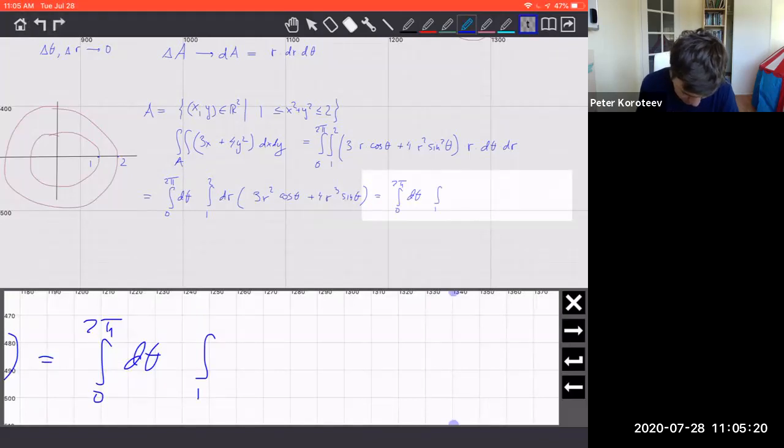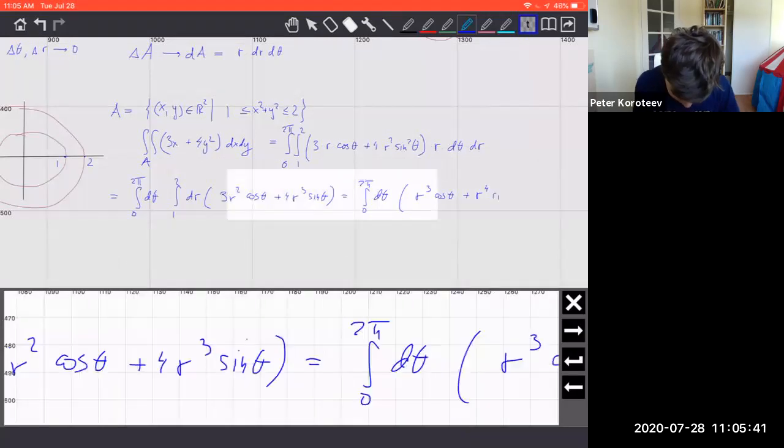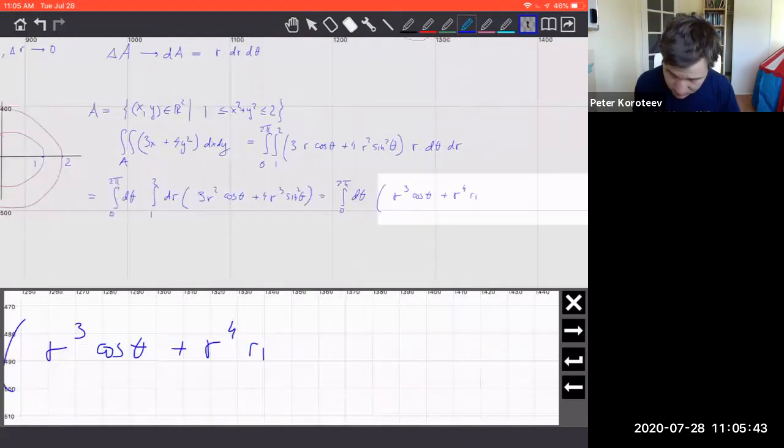Yeah, and then here you can just do it, right? So it's r cubed cosine theta plus r to the fourth. I think I forgot the square inside. Yeah, that's right.